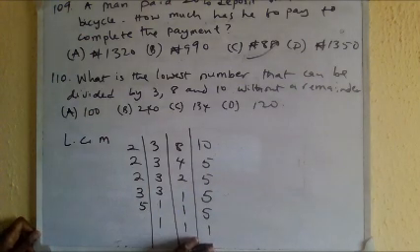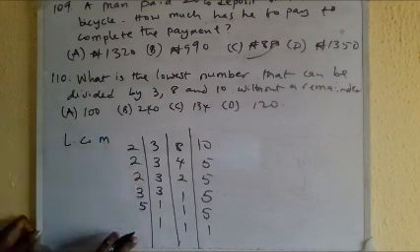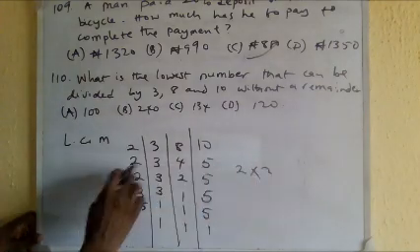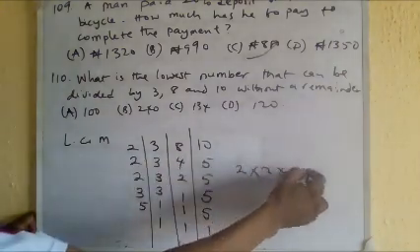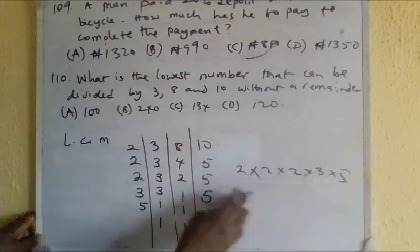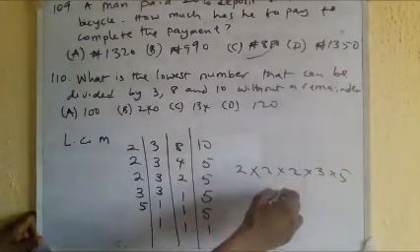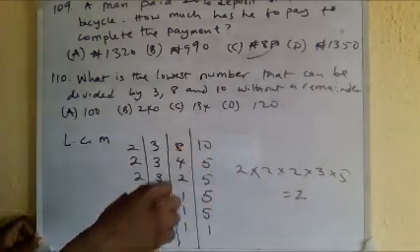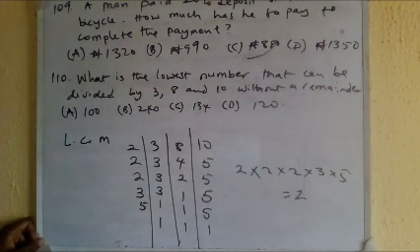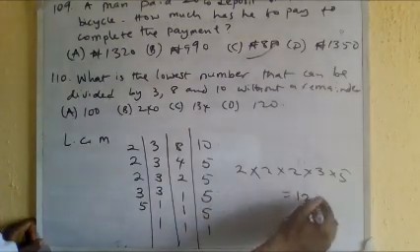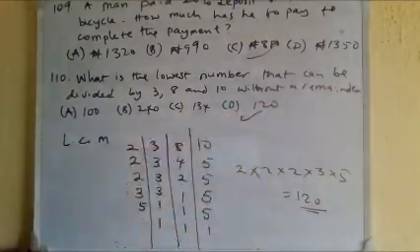So I multiply all the factors outside here: 2 times 2 times 2 times 3 times 5. So 2 times 2 is 4, times 2 is 8. 8 times 3 is 24. 24 times 5 is 120. So 120 is the answer. The answer is D.